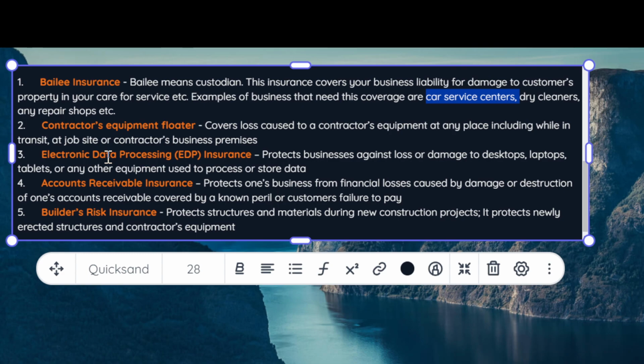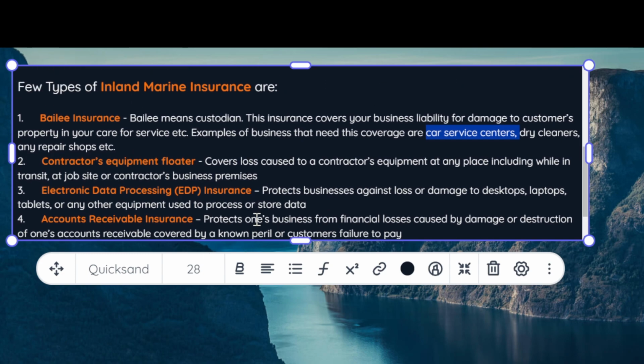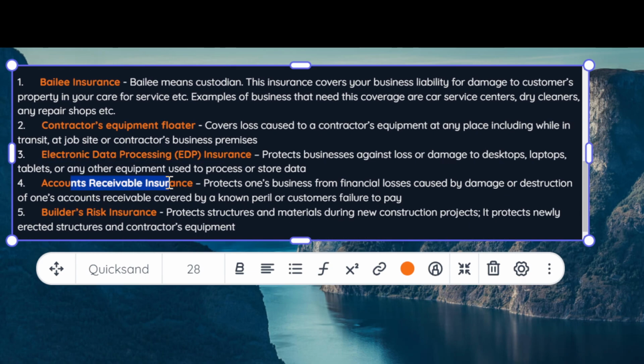I think you can come across those as you work practically in any project. So these are the five types of inland marine insurance we discussed today: bailee insurance, contractor's equipment floater insurance, electronic data processing insurance, accounts receivable insurance, and builder's risk insurance.